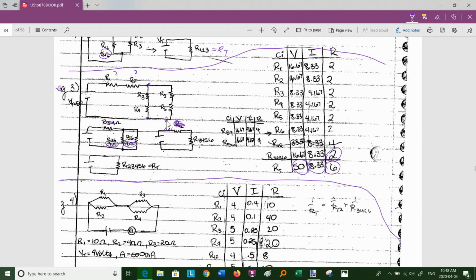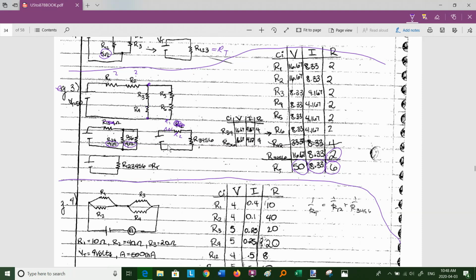Let's write it like this, R1 and R2. Let's not make it extra complicated. So R1 is 2, R2 is 2, R3, 4, 5, 6 is 2 for the resistances. The voltages are 16.67 for all of them. Notice that that will add together to give you 50.